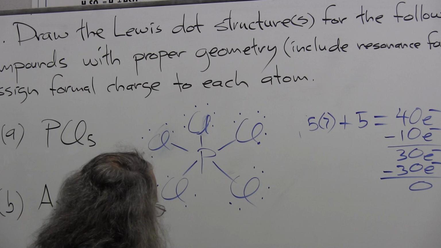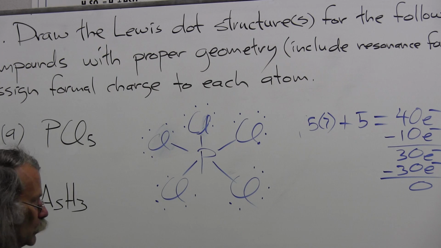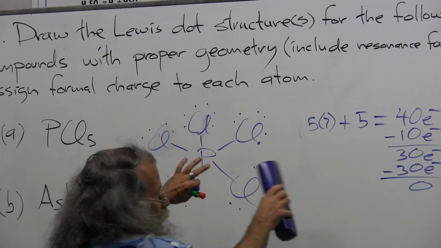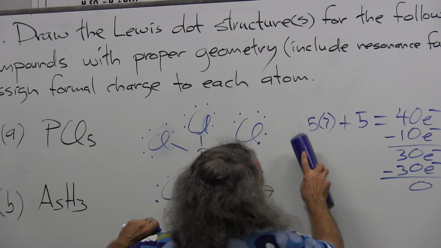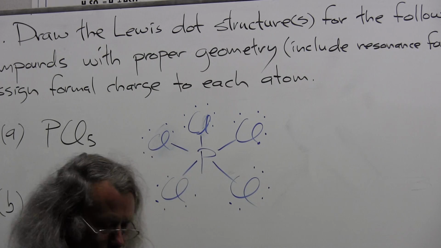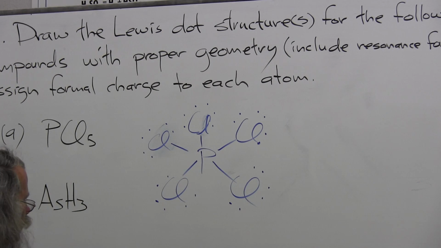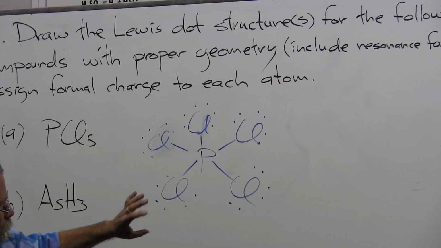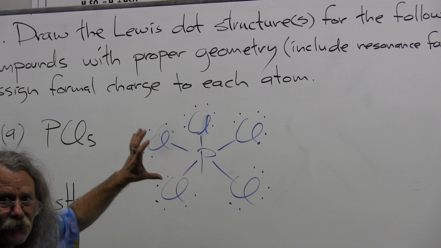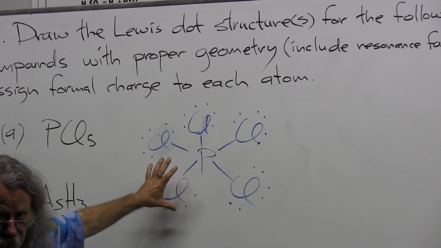So I am now done drawing a proper Lewis structure. I can erase now. This is all scratch paper work I'm doing right now. So I'll erase this. And now I'm going to look at the molecule and determine how many electron pairs are associated with the central atom only.